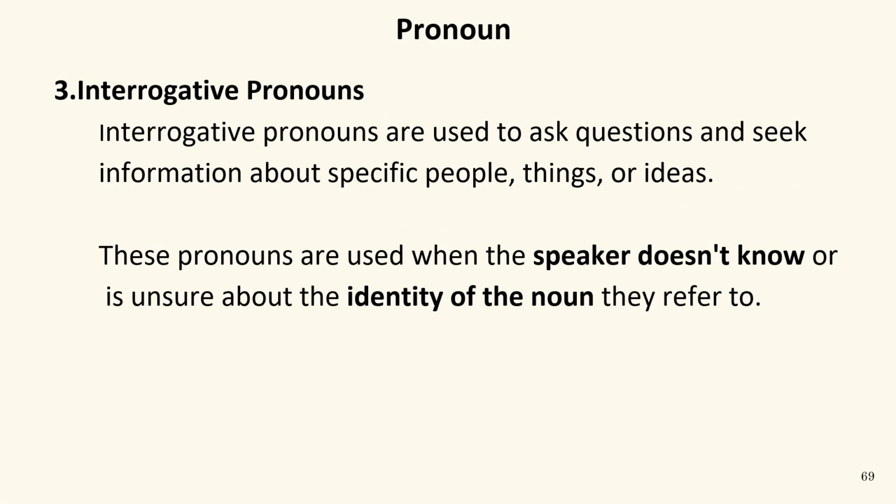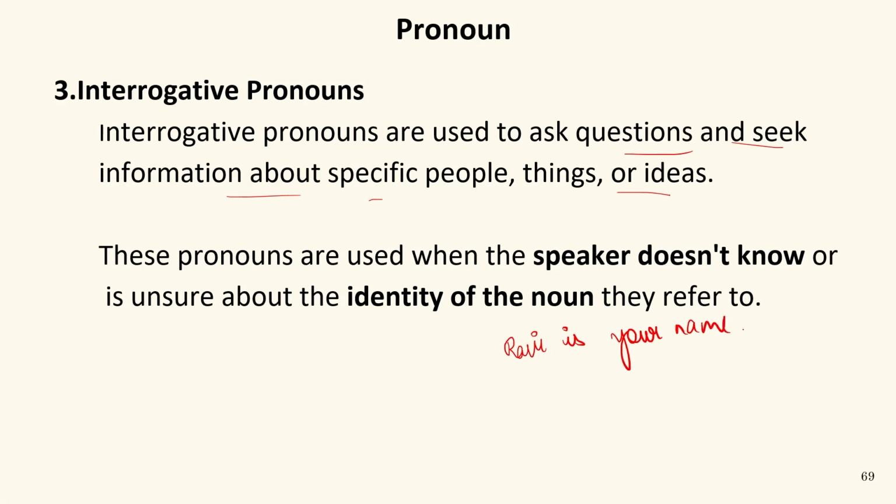Now, what are interrogative pronouns? Interrogative pronouns are used to ask questions and seek information about specific people, things, or ideas. Let us take an example. I said Ravi is your name.